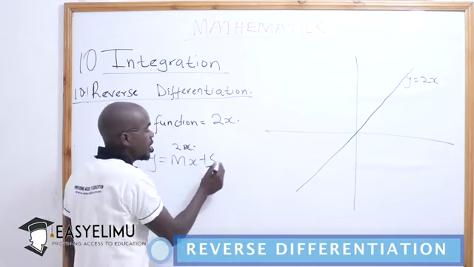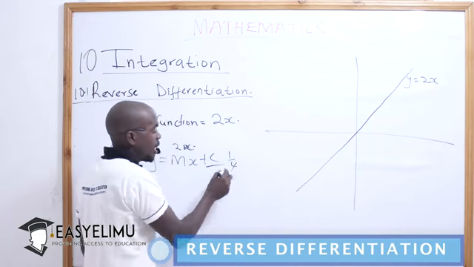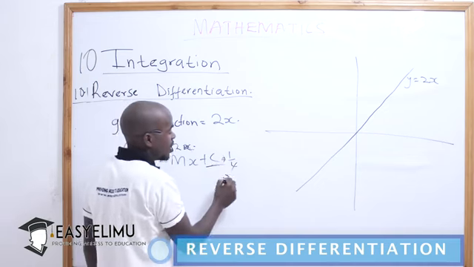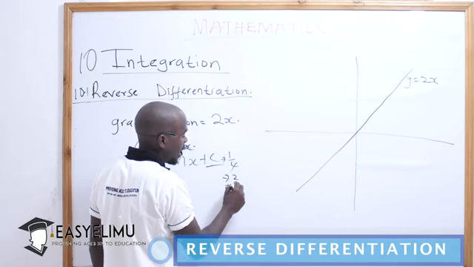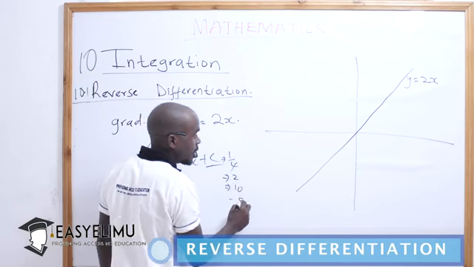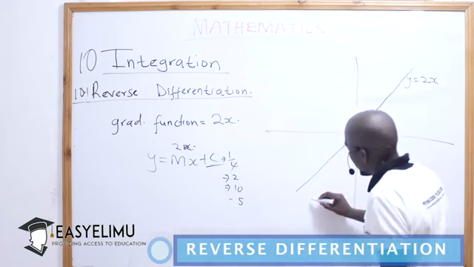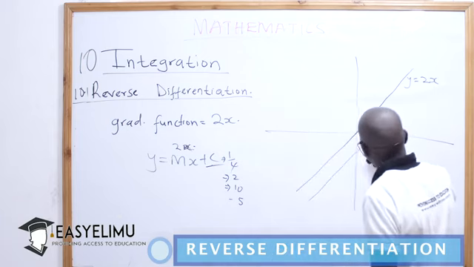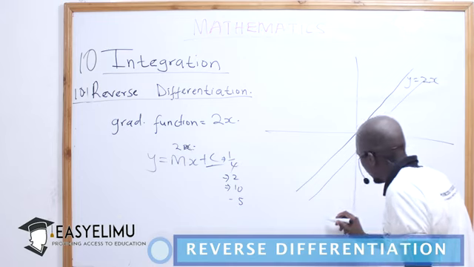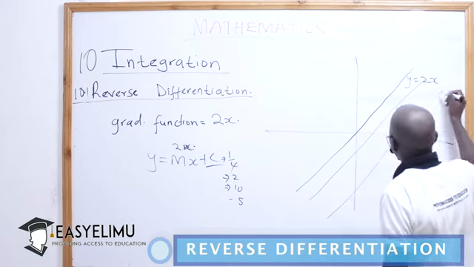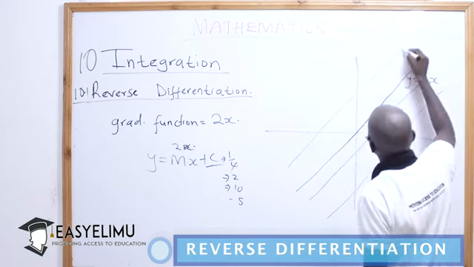That is what will give rise to different kinds of graphs. We can have c as a quarter, as 2, as 10, as -5. Having different kinds of them, you will find they give rise to different graphs passing through the same plane, but they are parallel to each other.